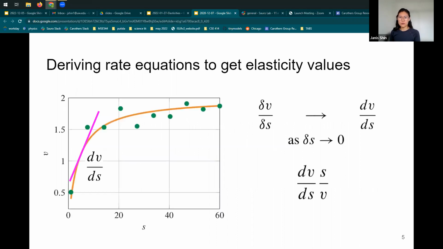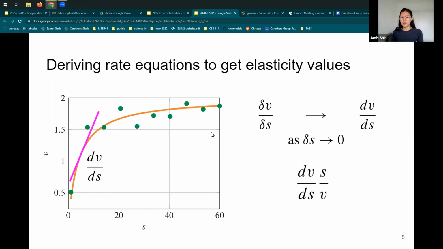One problem with this ratio is that its value depends on the magnitude of delta S. When we say we're going to change the substrate by some amount, sometimes that's not a great idea, because many enzyme kinetic laws or rates, which is what V is here, and S is for substrate, by the way, are usually nonlinear. That means you can't always just take the slope of a line, because that slope is not going to be the same everywhere along this curve.